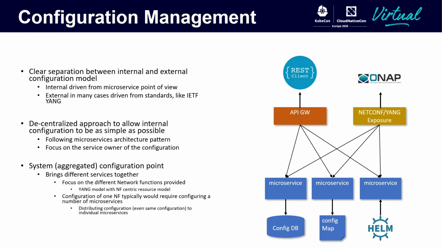And then at the same time, we have done a decentralized approach to allow this kind of internal configuration to be as simple as possible for the individual microservices, and really allow the microservices to own its own configuration. So as you can see in the picture, depending on the need, it might be as simple as some Helm parameters when you're deploying that service.